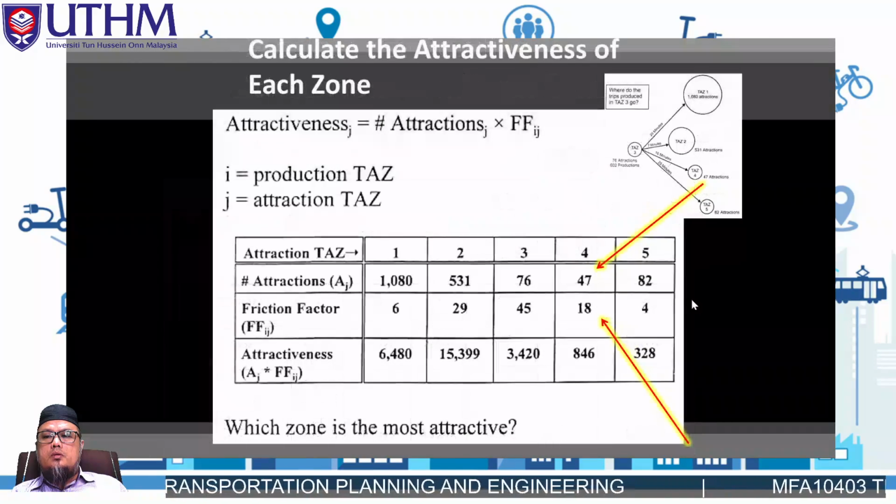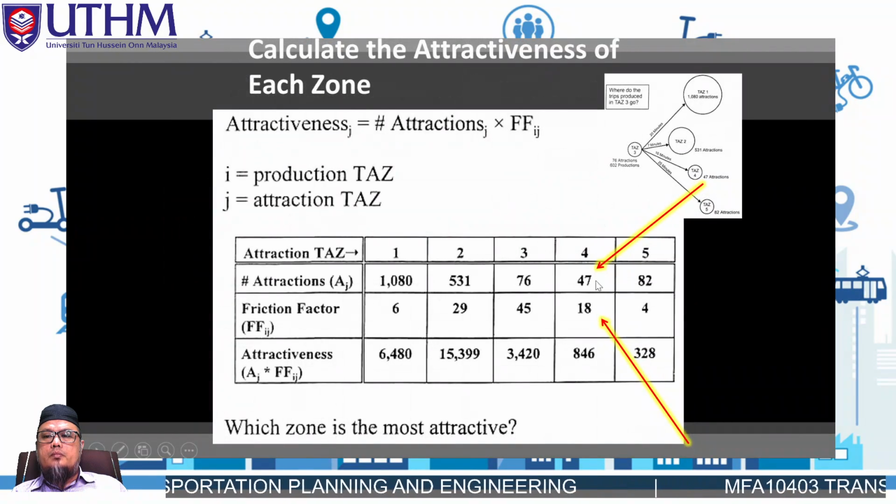So these values referred to here just represent the figure, not the attractive zone. The most attractive is here, but this one is typical to represent that we have 47 attraction and the friction factors.